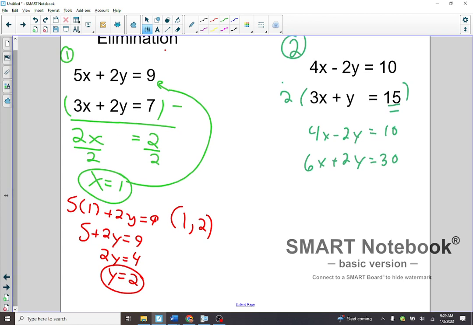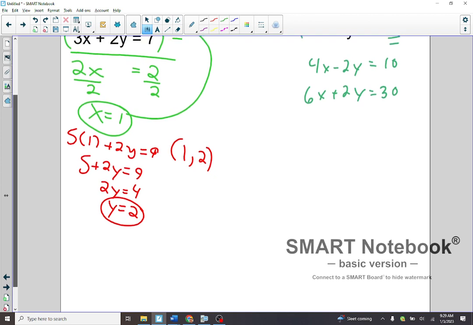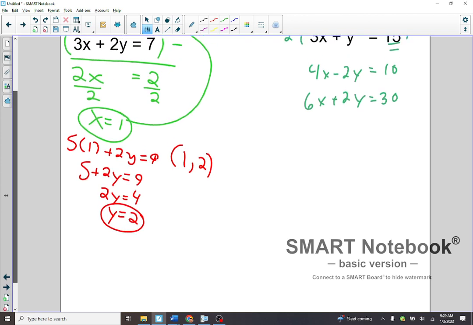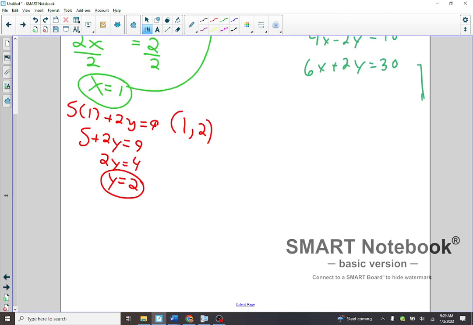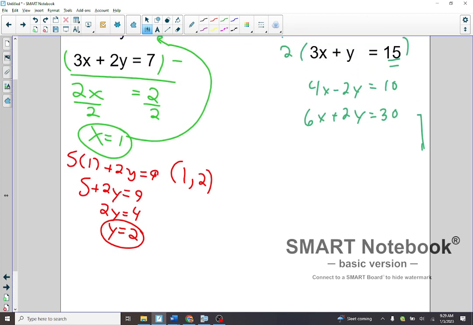In this case, we're going to add downwards. Perfect, because one's negative, one positive. We want to go to 0. So negative 2 plus 2 is 0. So we're going to add: 4x plus 6x equals 10x.